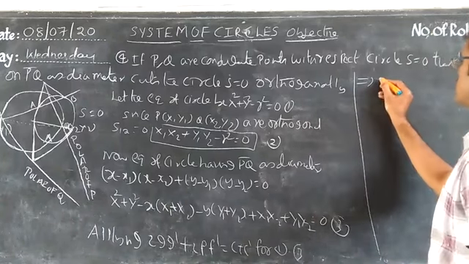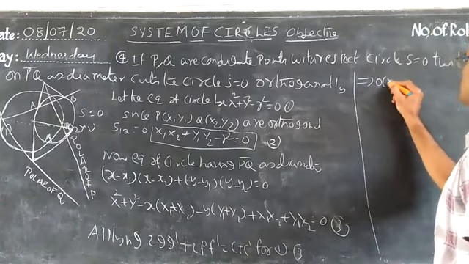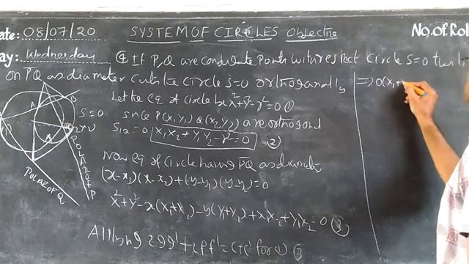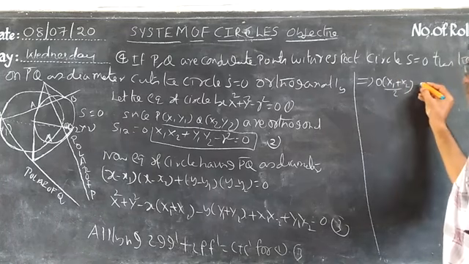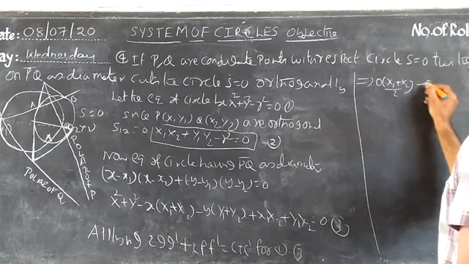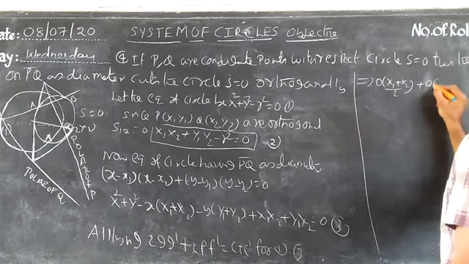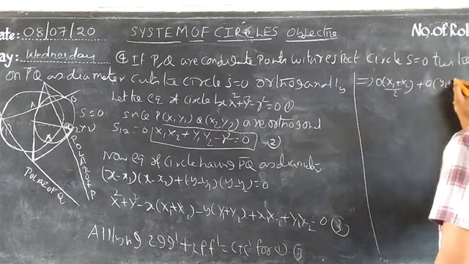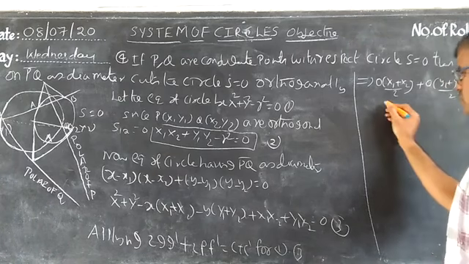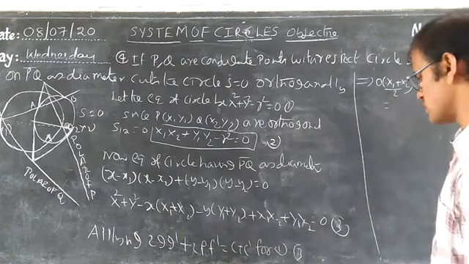Now 2g means there is no 2g, so 0 into (x1 plus x2)/2, plus 2f also 0 into (y1 plus y2)/2, is equal to c1 plus c2.